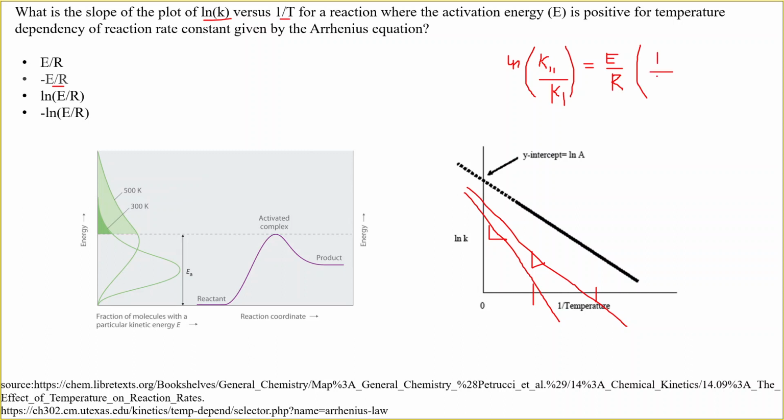That will be 1 by T1 minus 1 by T. So this relation tells us that the slope for this expression will be negative E by R. So from this expression, we can clearly define the Arrhenius equation, and the answer for this question is minus E by R.